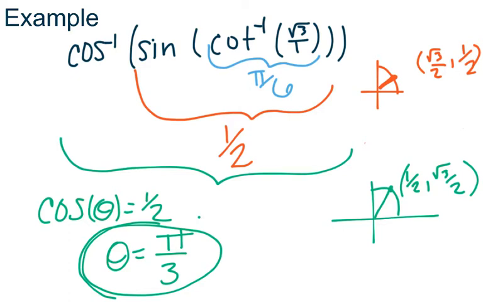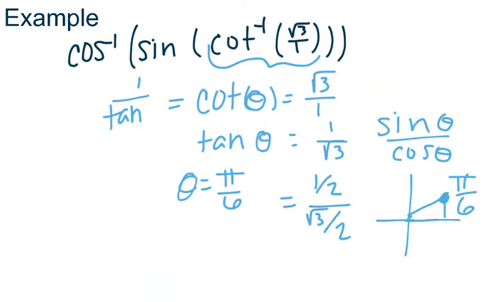I'd really encourage you to take a couple minutes and make sure you really understand what's going on here. I started out with this original problem, cosine inverse of sine of cotangent inverse of root 3 over 1. My first step was to find cotangent inverse of root 3 over 1, which I did by reducing the problem to an easier problem.